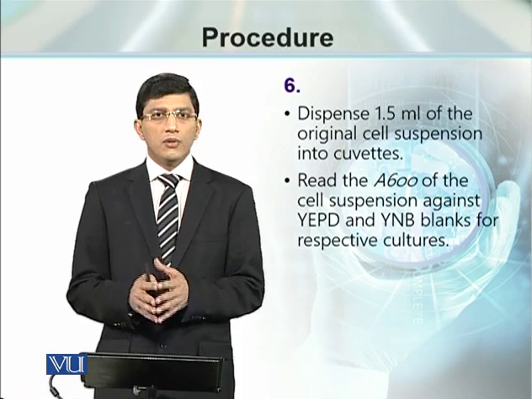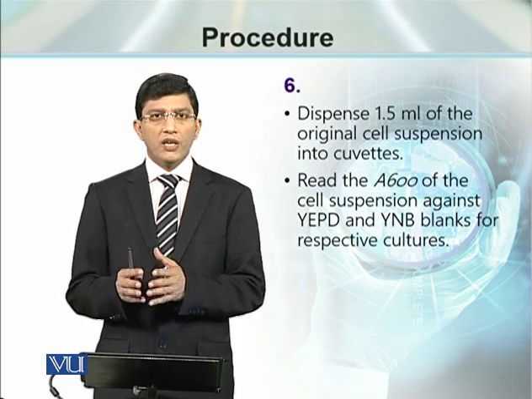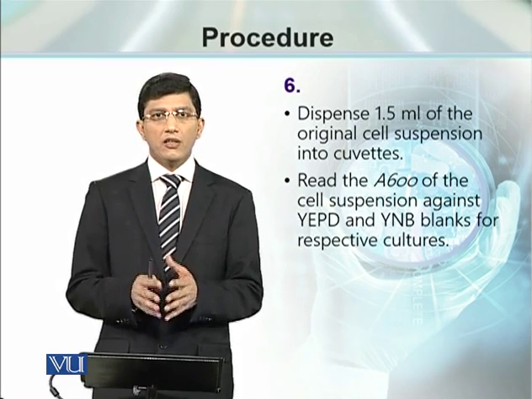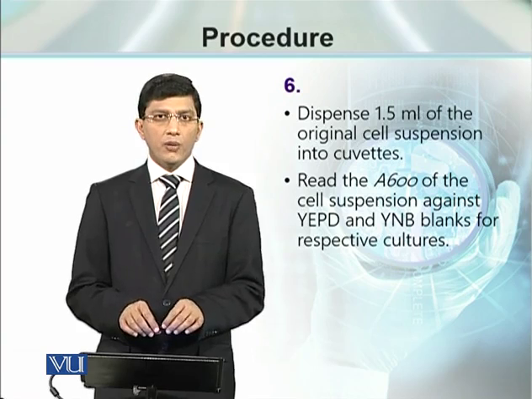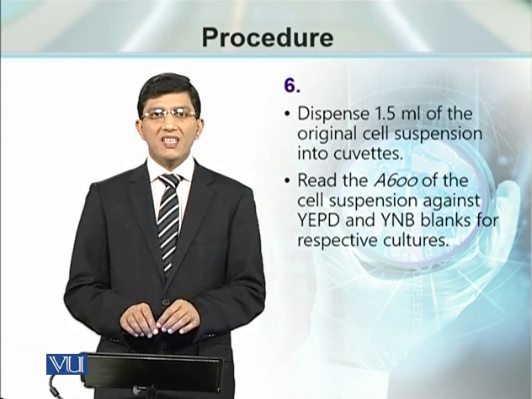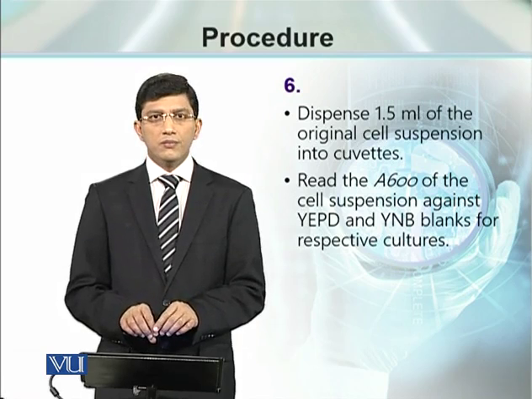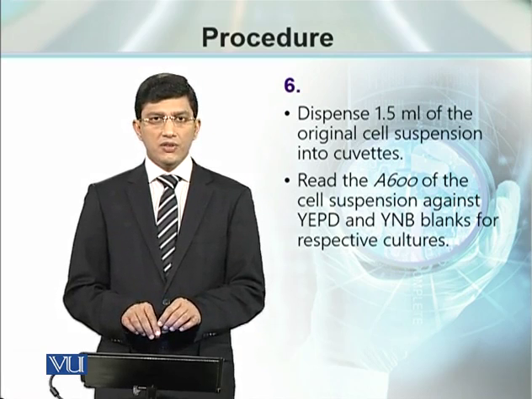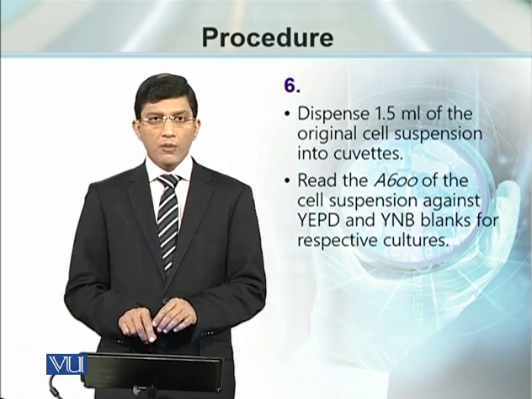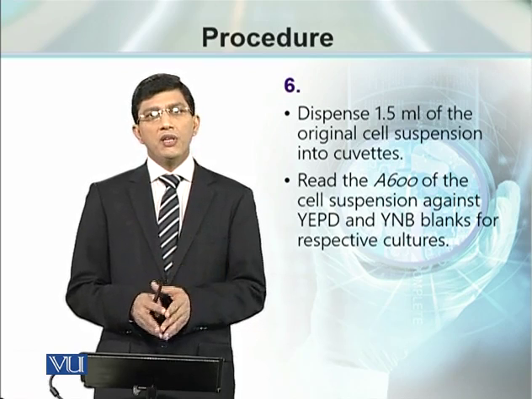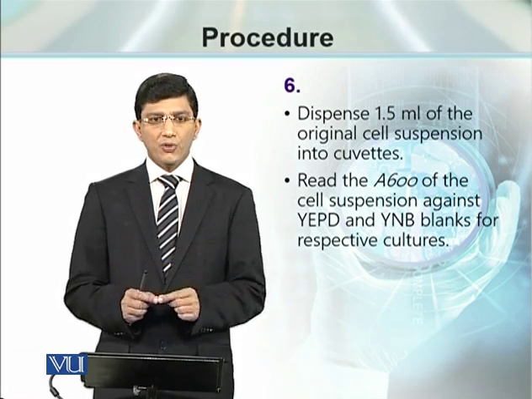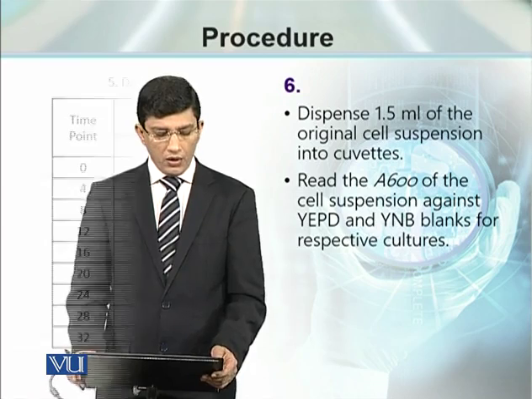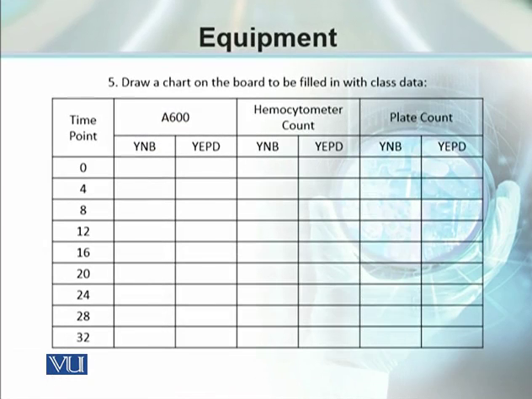Rest of the diluted sample, we can take 1.5 ml in the cuvettes, and using a spectrophotometer, we can find out the absorbance at a specific wavelength of 600 nanometer. A600 is referred. In both the conditions, with the minimal media and with the complex media, note down the absorbance value, and all these observations should be recorded in this kind of table.